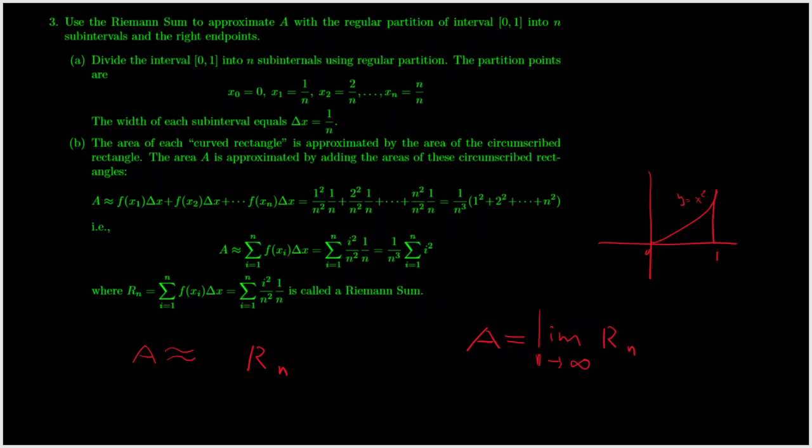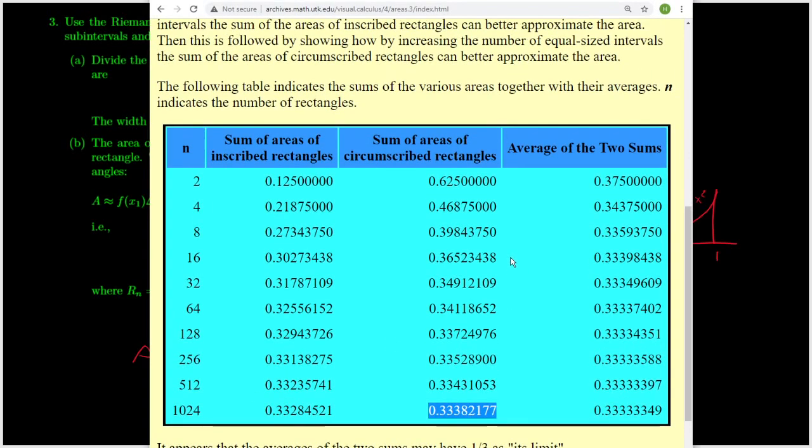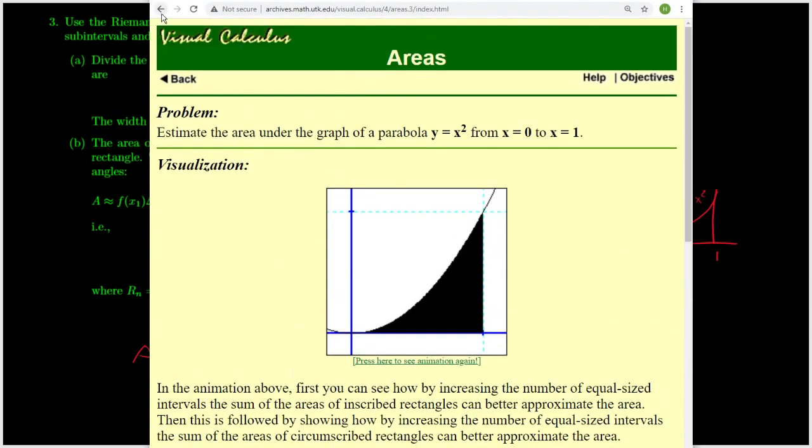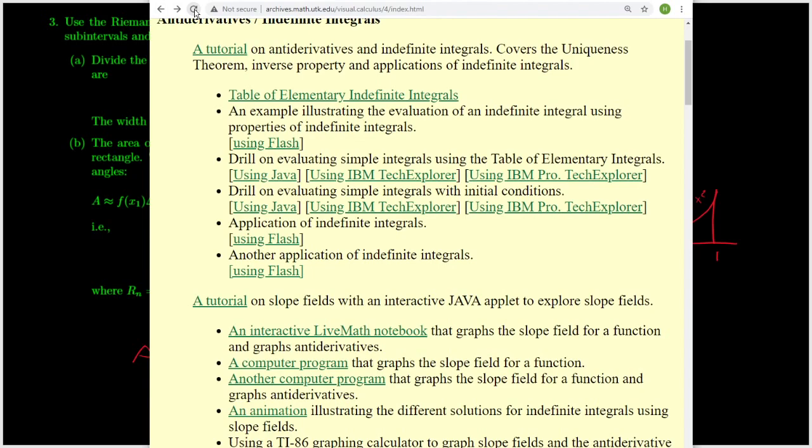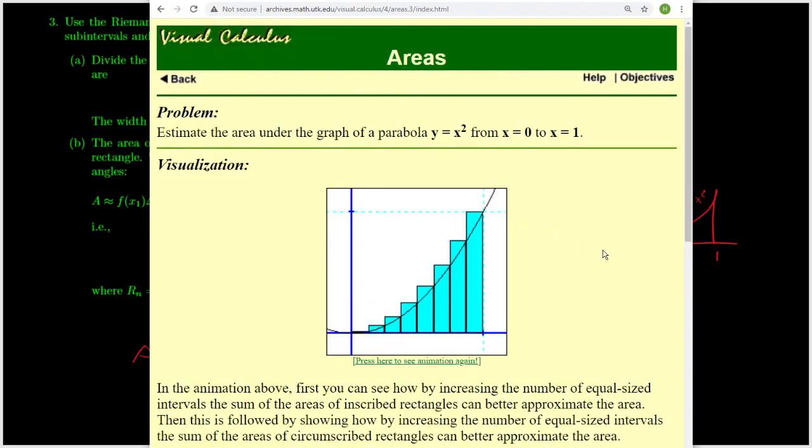If we take the limit as n approaches infinity, then the limit of the Riemann sum as n approaches infinity is going to be the actual value of A. As you have seen, the estimation is saying that.